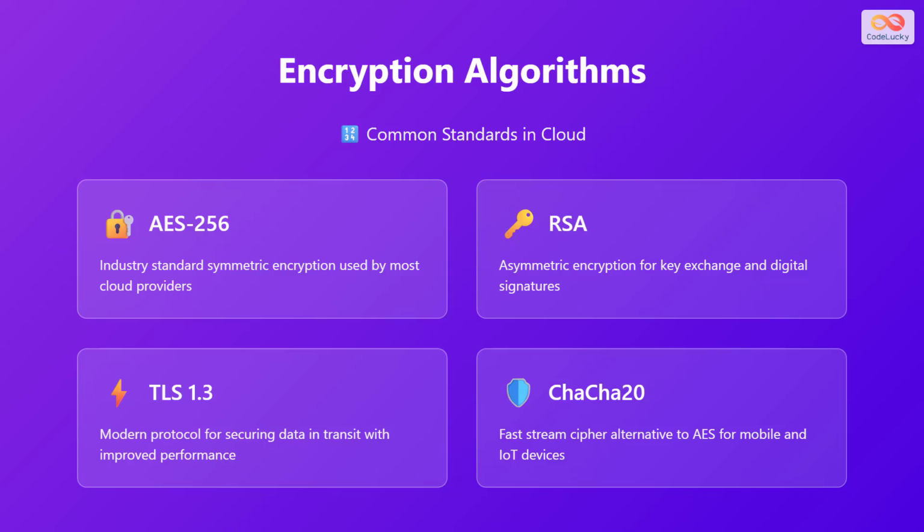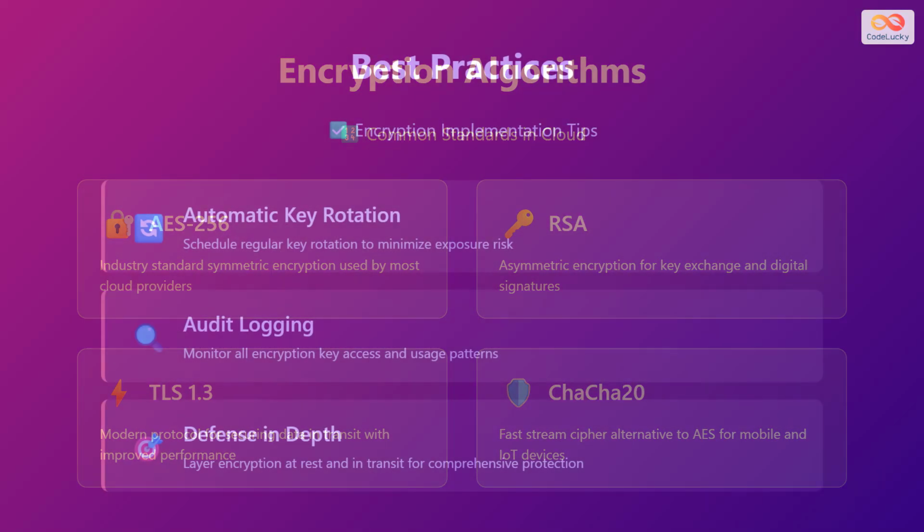TLS 1.3 is the modern protocol for securing data in transit, offering improved performance and security over older versions. Finally, ChaCha20 is a fast stream cipher that serves as an alternative to AES, especially optimized for mobile devices and Internet of Things applications where hardware acceleration might not be available.